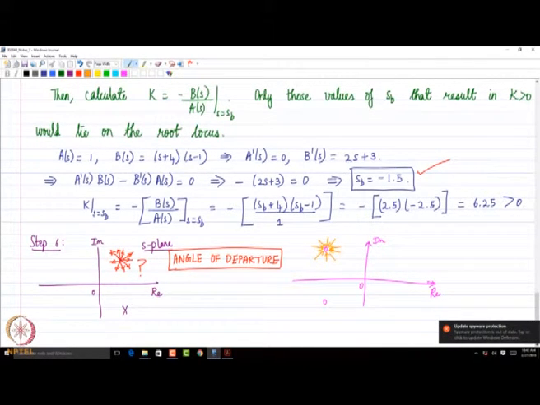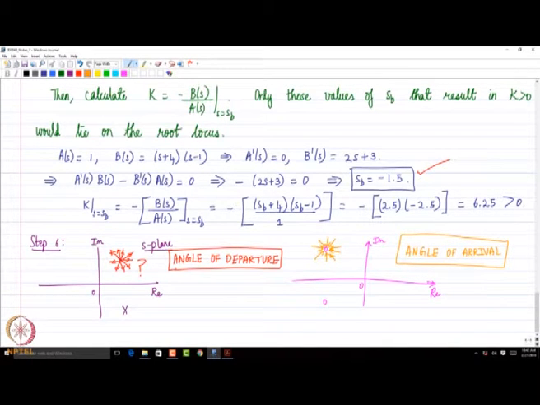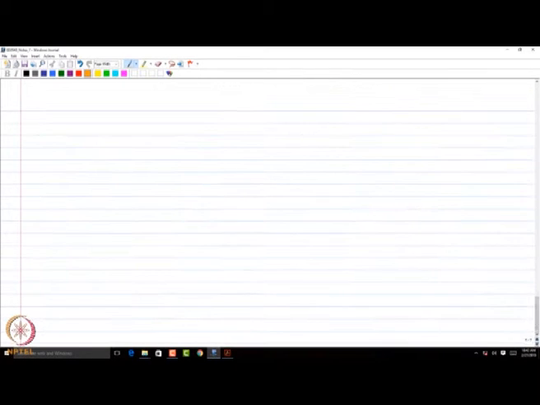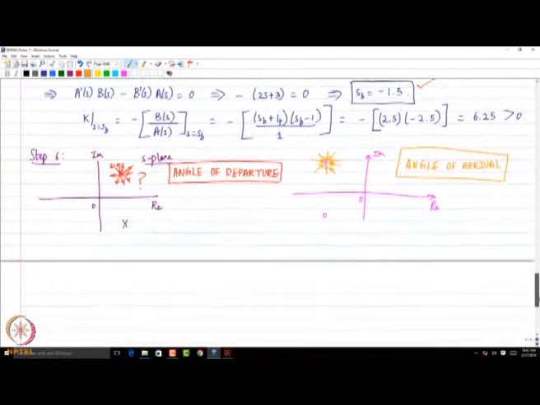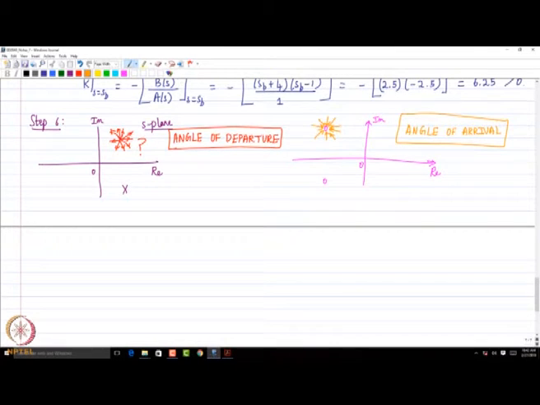Now, the question is at what angle does it arrive at this open loop zero. That is why it is called the angle of arrival at a complex open loop zero. That is the reason it is called the angle of arrival. Now, the question becomes, how do we calculate this angle of departure and angle of arrival.